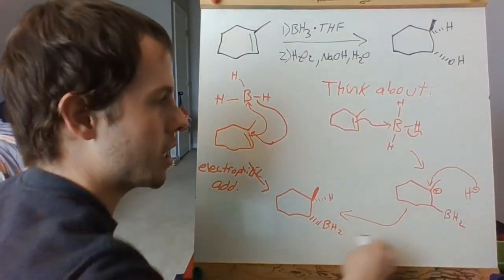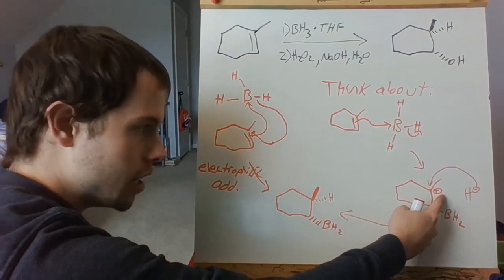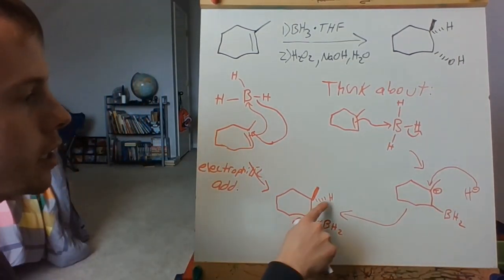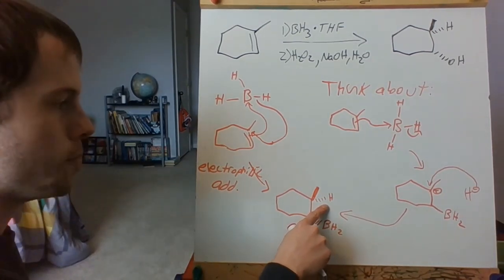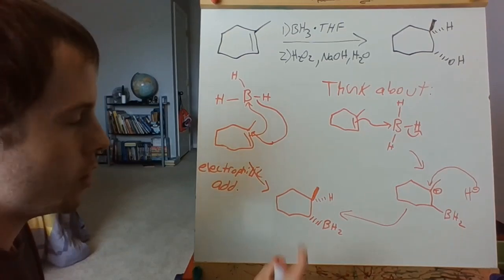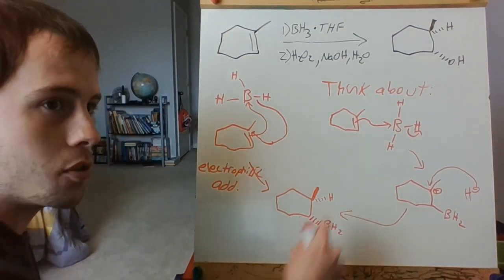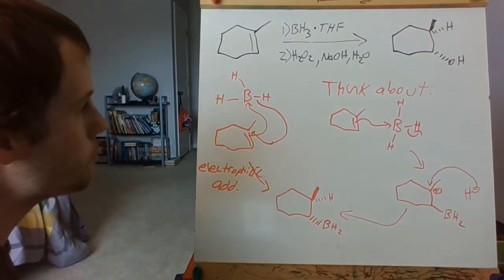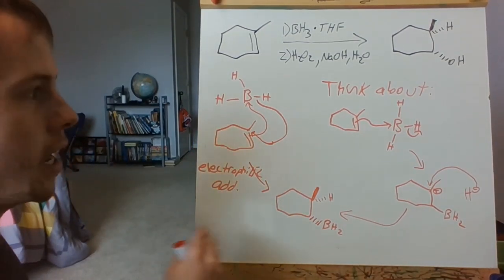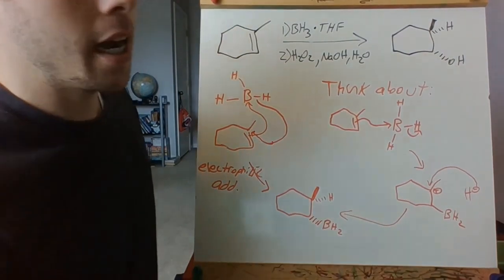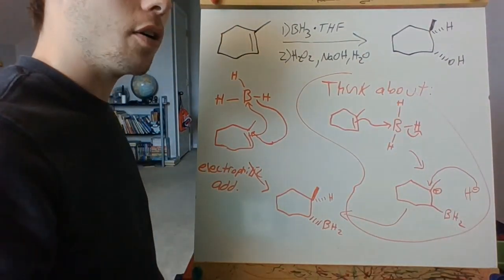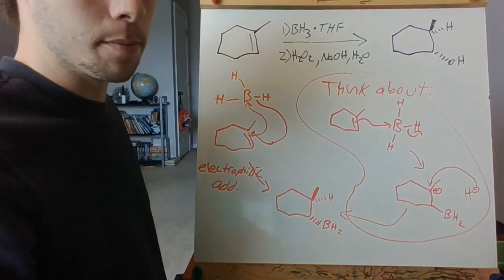Notice in this type of mechanism, a carbocation is flat, and so we would expect the hydrogen to attack from both the top and the back, giving us a mixture of products at this position. That is not the case. We know that we add hydrogen and boron to the same face of the molecule, and so it must be this type of mechanism where it's concerted and it all adds at the same time. I think this over here, though, is just a good way to think about how the mechanism proceeds.